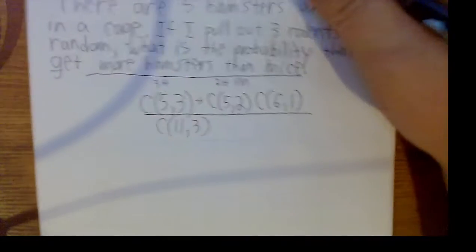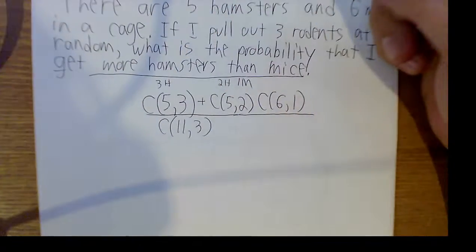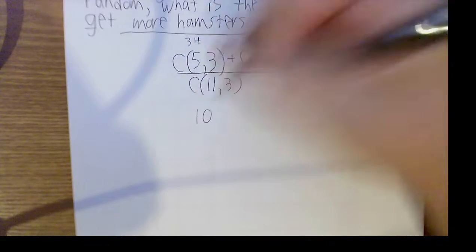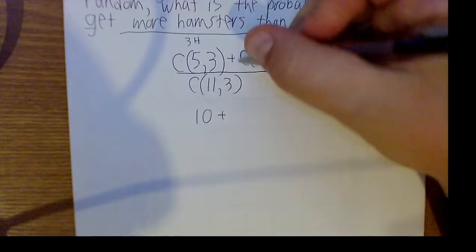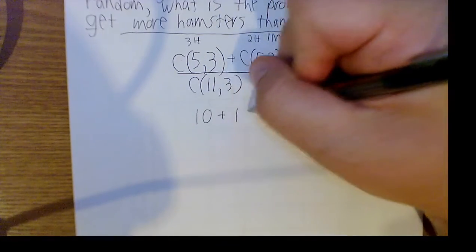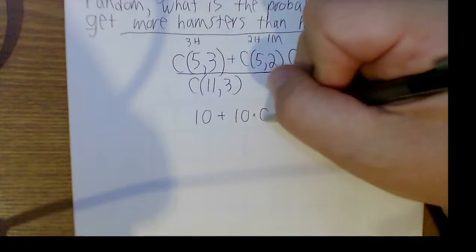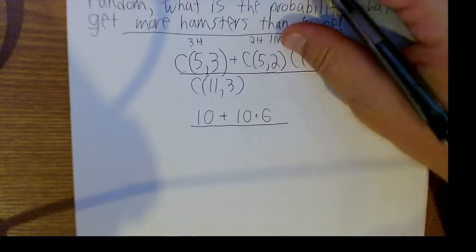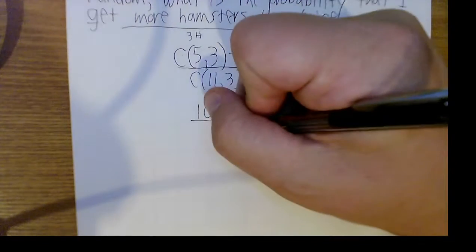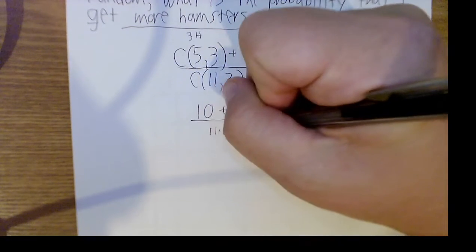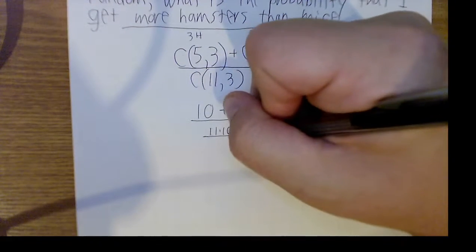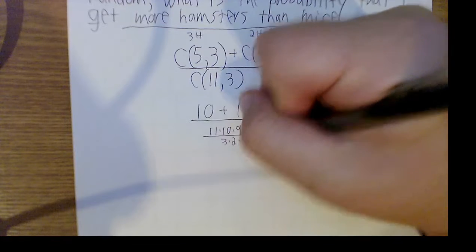Voila. So what's combination of 5, 3? Well, we went through that before. So this would be 10 plus, combination of 5, 2 is also 10, times 6. Divided by, 11 choose 3, which is 11 times 10 times 9, divided by 3 times 2 times 1.